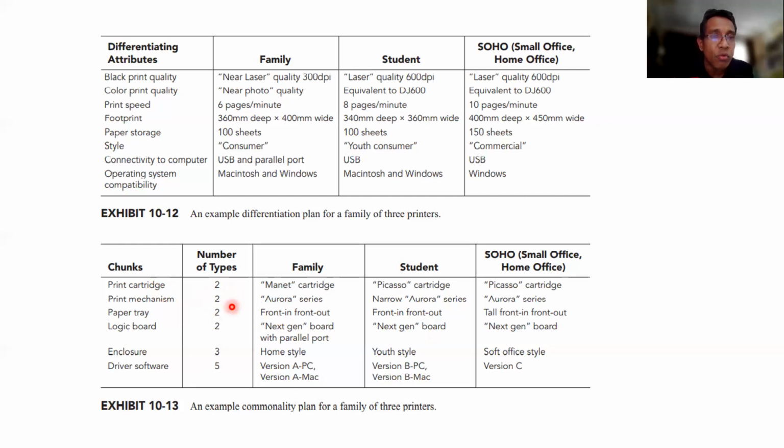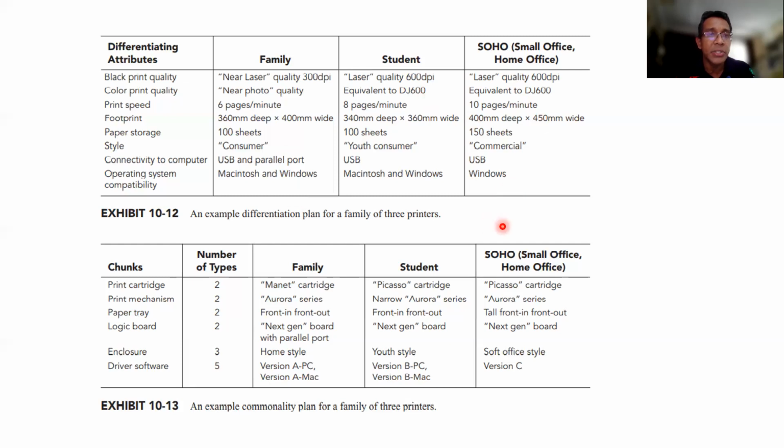They need two types of common parts, so they use these. This is how they can share common parts inside the commonality plan for the printer example, instead of deciding a different plan for each market segment.